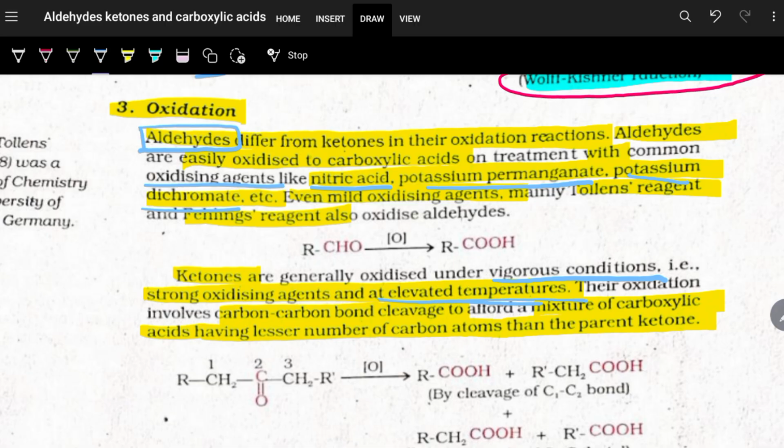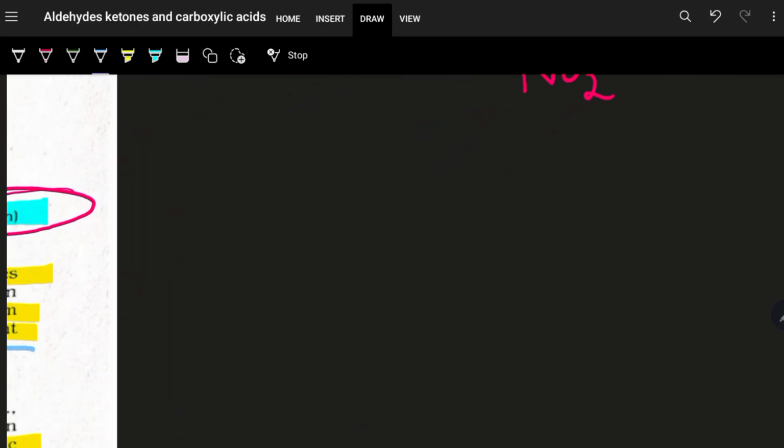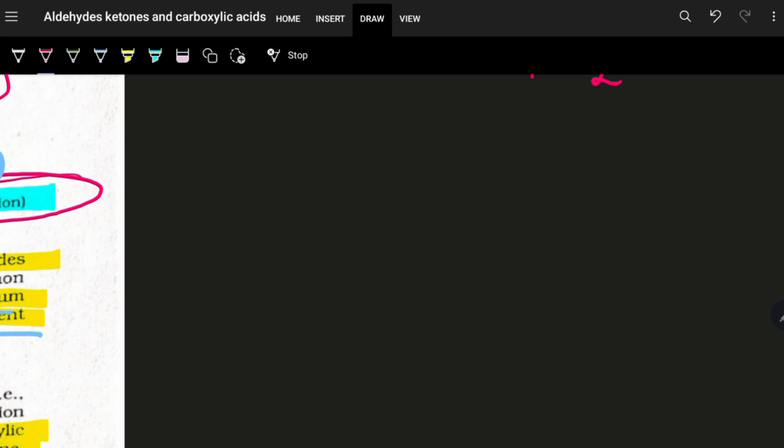And even mild oxidizing agents like Tollens reagent and Fehling solution. Now in your chemistry lab, you might have seen that when you are detecting a carbonyl linkage, it can be aldehydes and it can be ketones also.